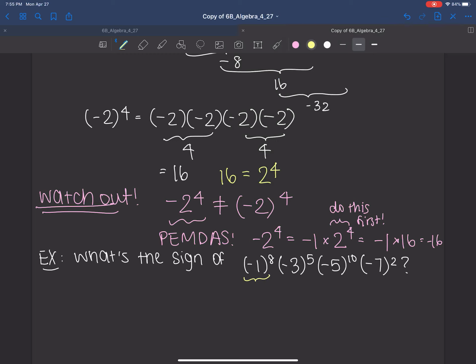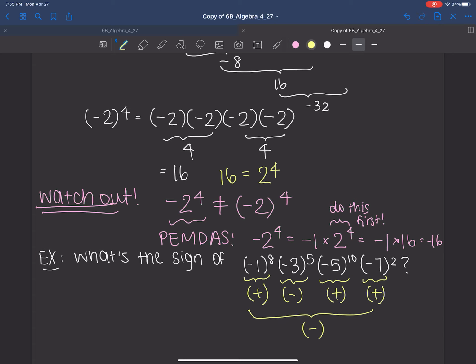Minus 1 to the 8th itself is going to be a positive number because we're taking a negative number, but we're raising it to an even exponent here. Minus 3 to the 5th is going to be a negative number, and that's because our exponent here is odd. This is going to be positive again, exponent is even. And this is going to be positive again because exponent is even. And then now we just have a multiplication of 3 positive numbers and 1 negative number. So overall, this is going to give us a negative product.